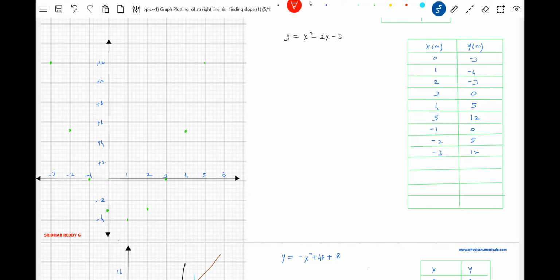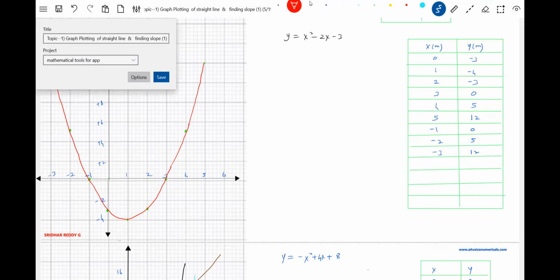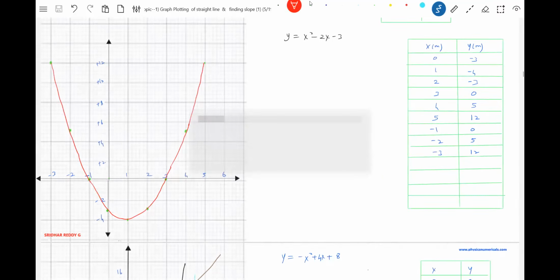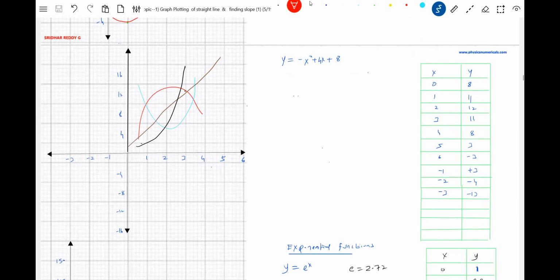The smooth curve. Okay, this is then we'll go for.